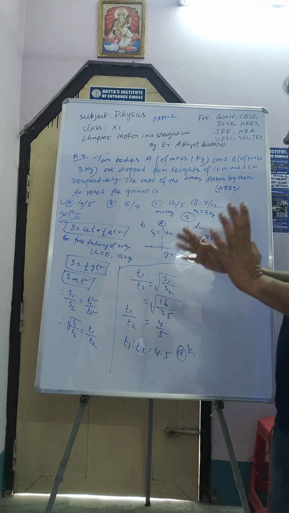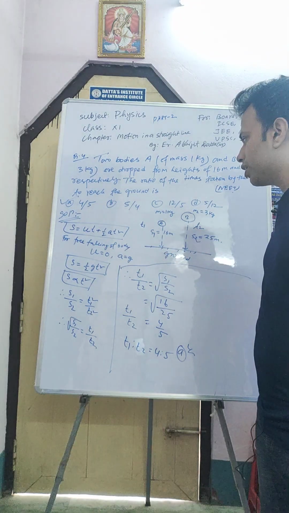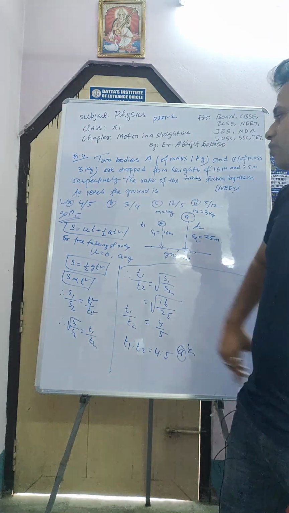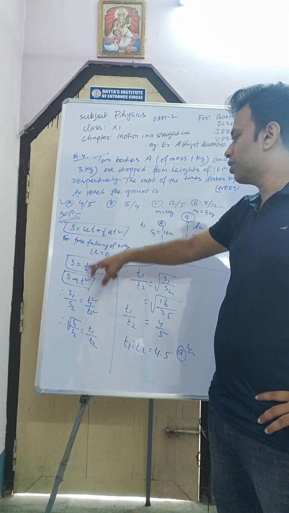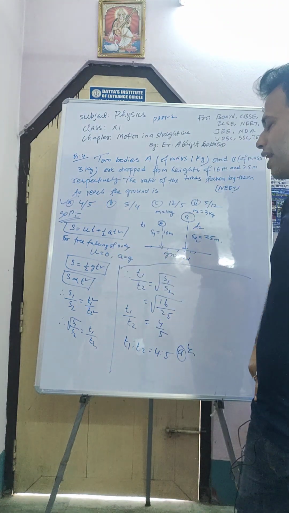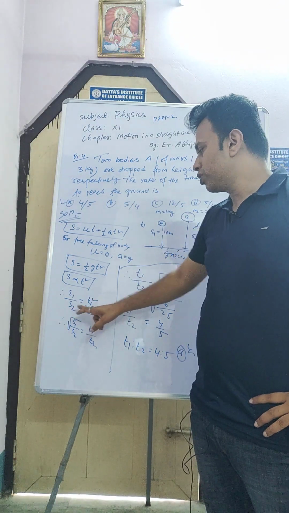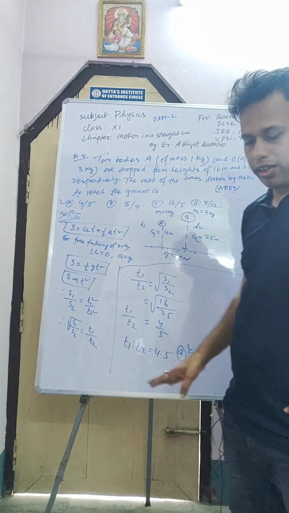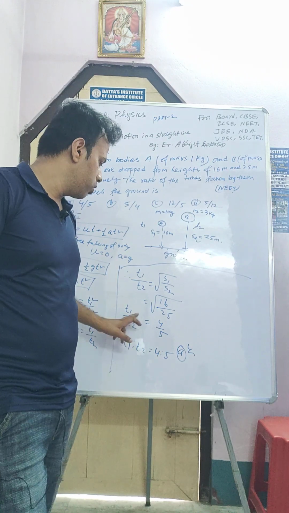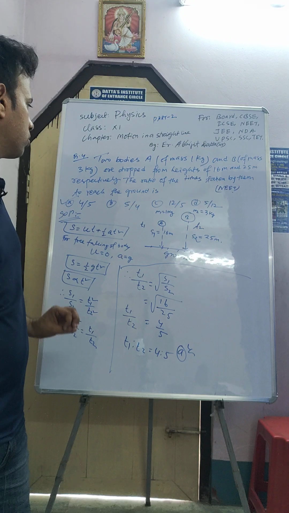We use the second equation, S equals ut plus half at square. For free fall, u is 0 and a is g, so S equals half g t square. Half and g are constant, so S is proportional to t square. So S1 by S2 equals T1 square by T2 square. Putting the values of S1 and S2, T1 by T2 is 4 by 5. That is 4:5, so option A is correct.